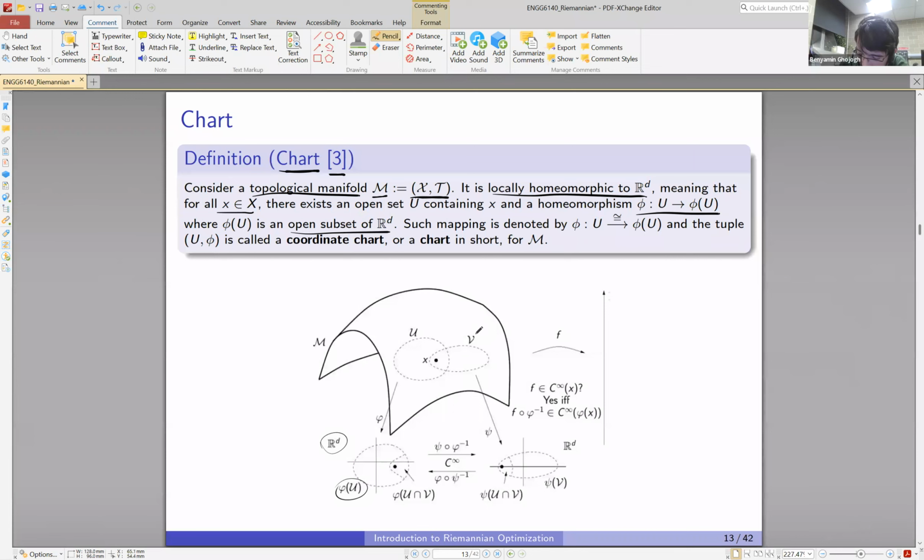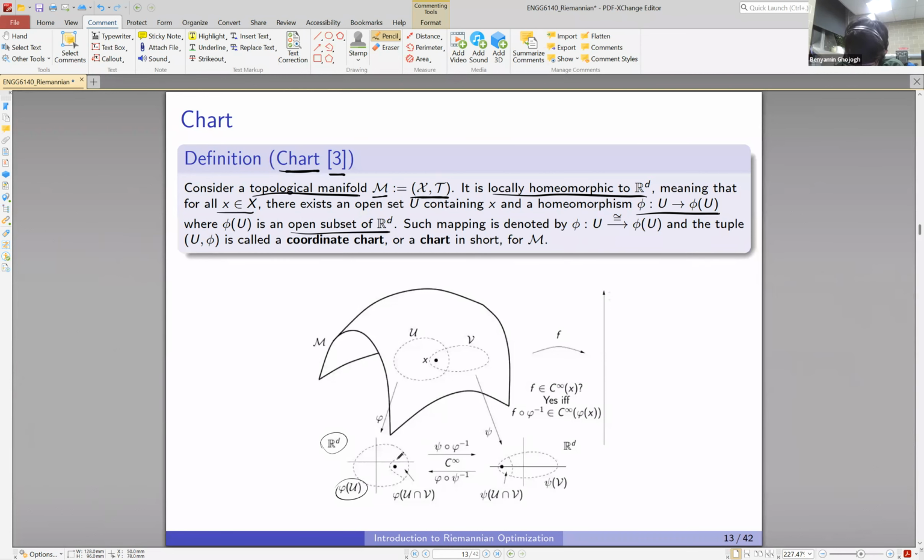You can do the same for V, another open set containing X, and by a mapping psi, you will have psi of V. And this intersection also has been shown here, right? Phi of U intersection V or psi of U intersection V. And interestingly, you can go back and forth between these two.